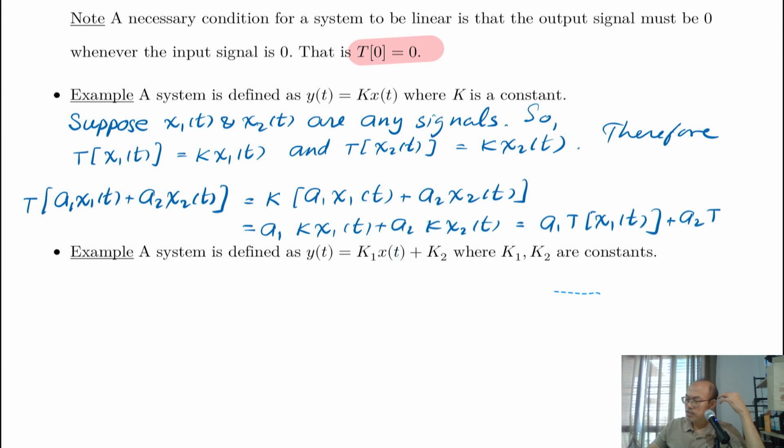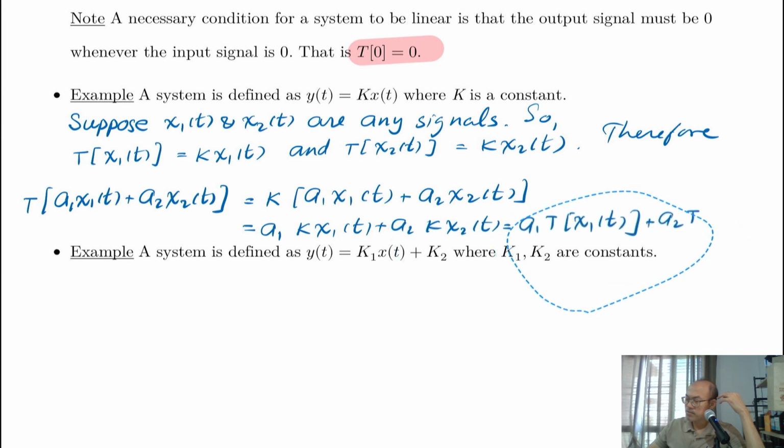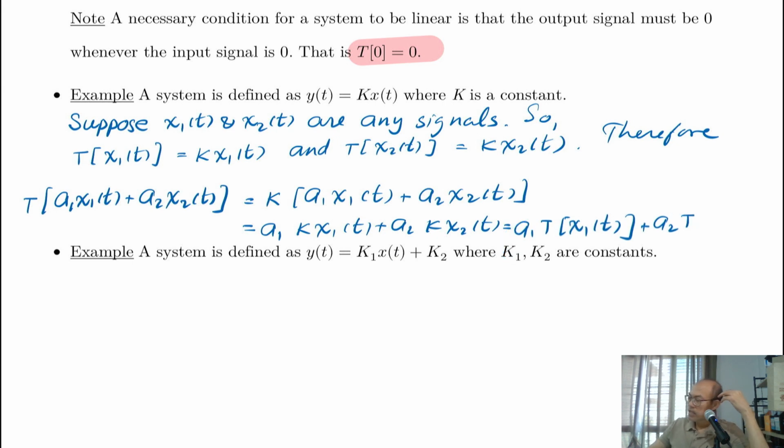Put them closer together so that we have enough space to write down. So a2 T of x2, right? And because x1 and x2 are arbitrary, we have shown that T of the linear combination of x1 and x2 is equal to the same linear combination of the output from x1 and the output from x2.